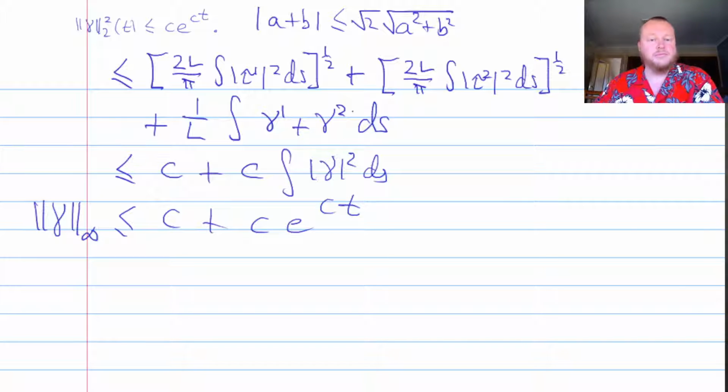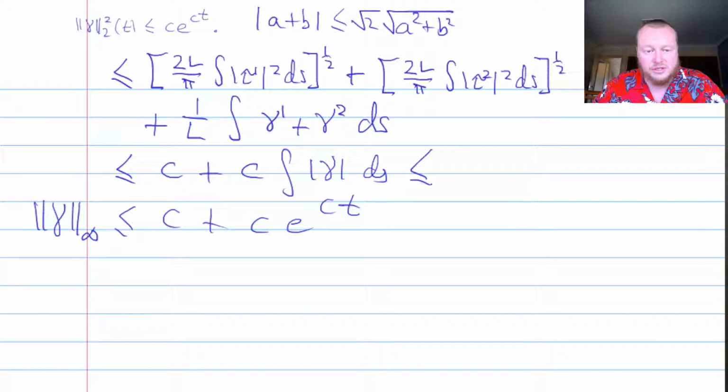Oh, wait a second, I made a mistake. Who can see the mistake? Sorry, in my excitement, I made a mistake. So this is actually just the norm of gamma. It's not the norm of gamma squared, like that.